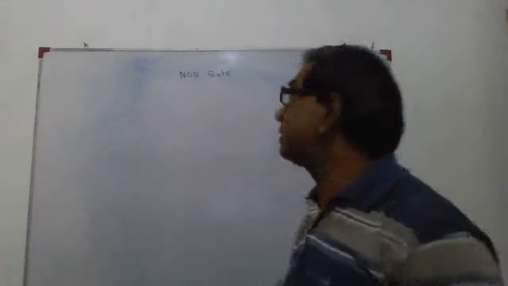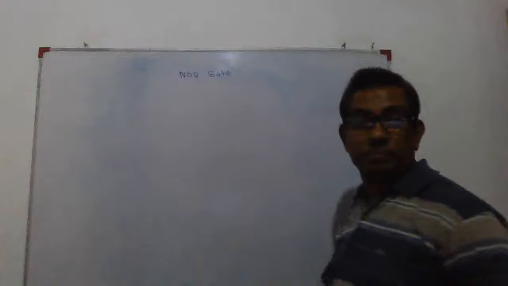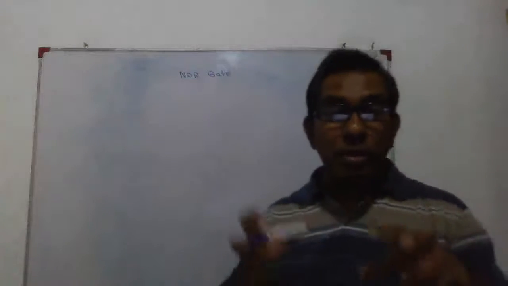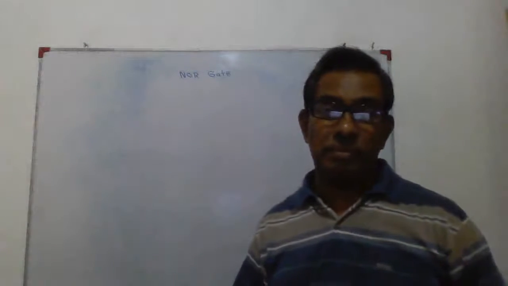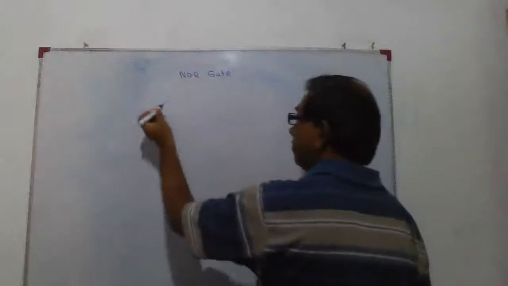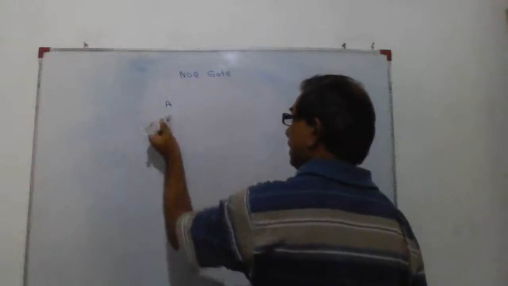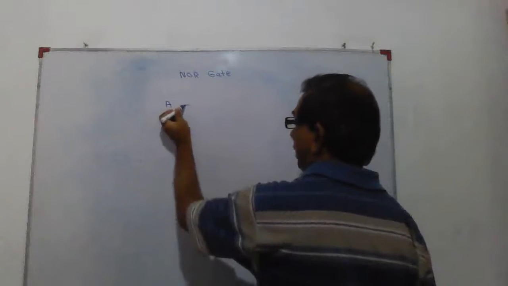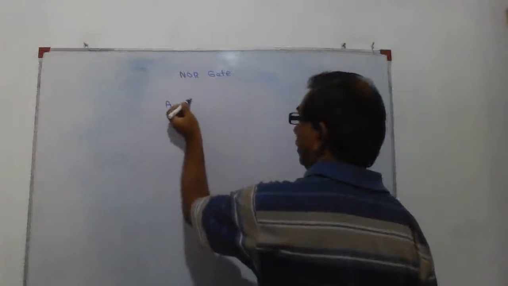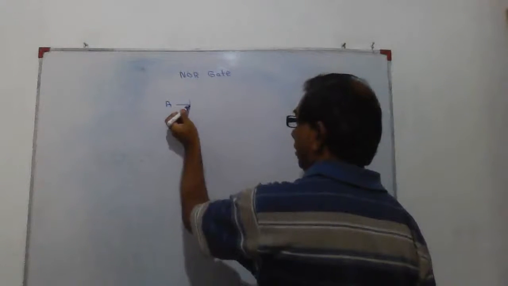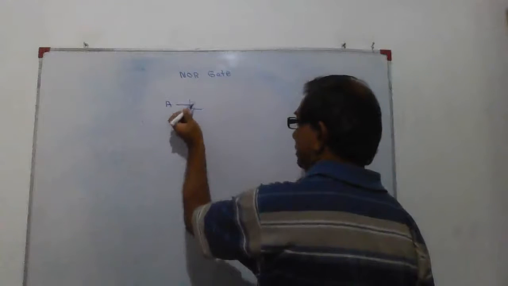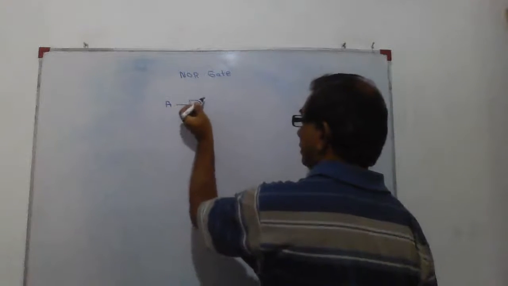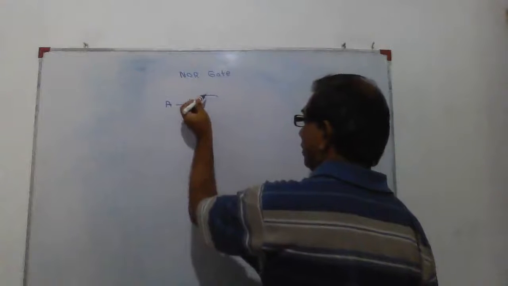The first thing is, NOR gate can be used to create a NOT gate. So you need one input, and take input as A. Then A can be entered from both sides into a NOR gate.